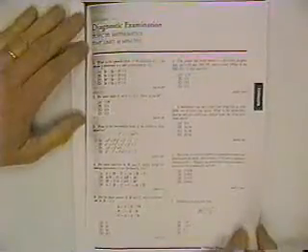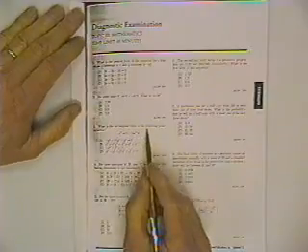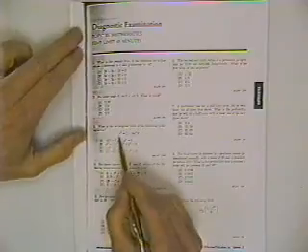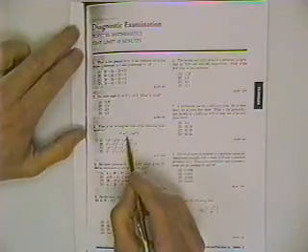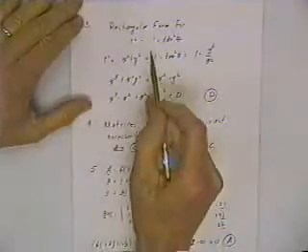The third problem in this asks you, what is the rectangular form of the polar equation r squared equals 1 minus tangent squared? Well, that may seem like a formidable problem. It really isn't.